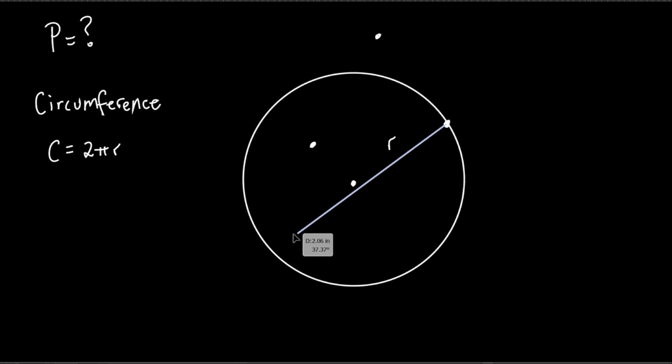But if I go from a point on the circle to another point on the circle, but I go through the center of the circle, what do we call it, Jason? Tell me. Oh, so what's it called?